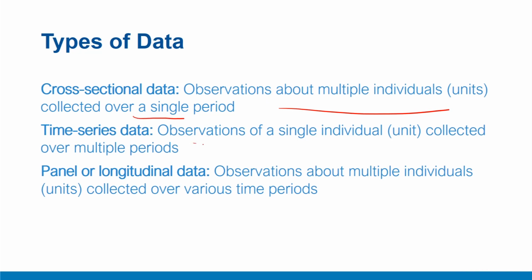Second, observations about a single individual collected over multiple periods. And lastly, observations about multiple individuals or units collected over various time periods. We'll examine and visualize these types of data in the subsequent discussion.